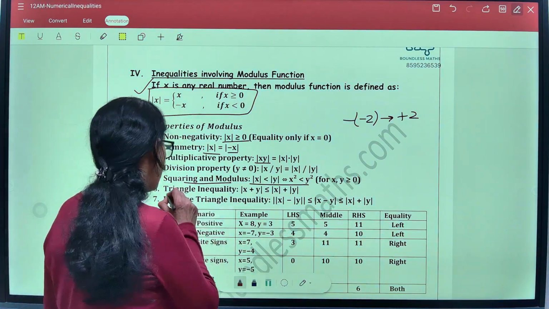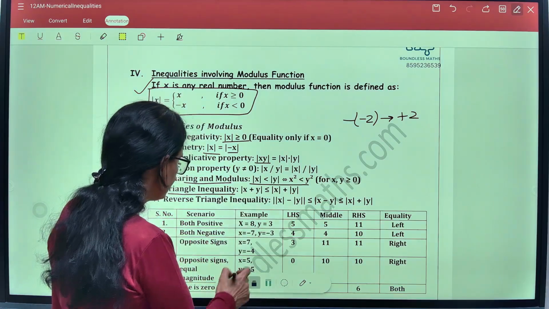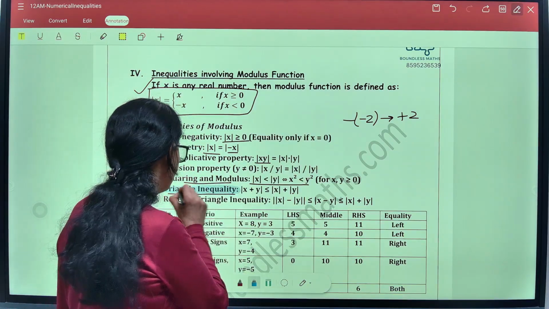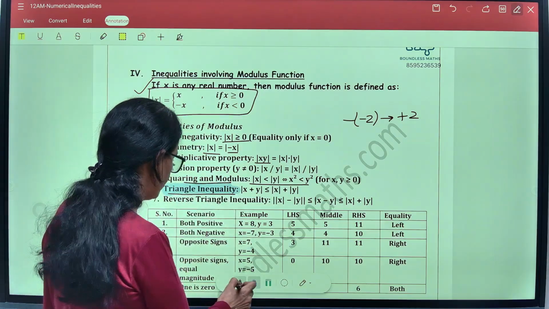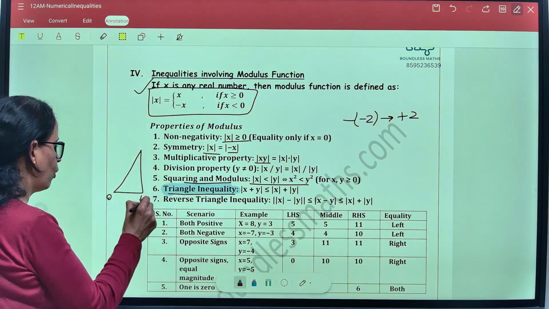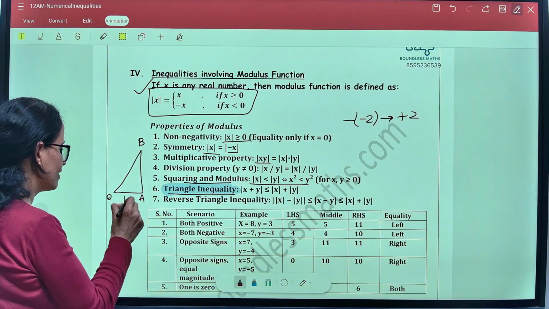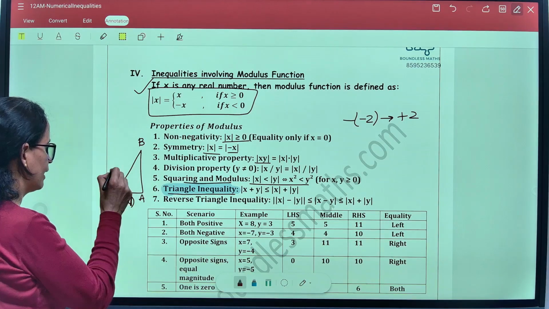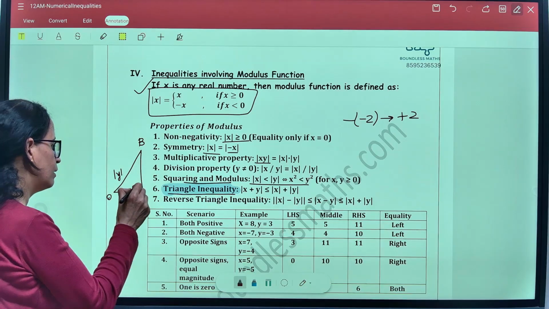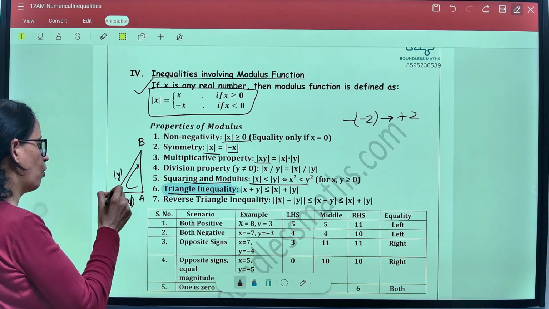Now, very important, the triangle inequality. You have done this in lower grades, that the sum of two sides of a triangle should always be greater than the third side. So if there is a triangle with OA and OB, this is represented by mod of x and this is represented by mod of y. If you want to go from A to B, you go A, O and then OB.